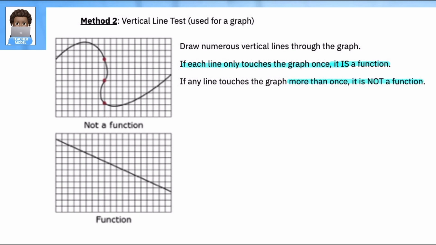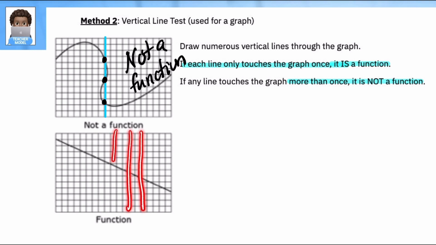So, the first one is really easy to spot. Here's a straight line, and you can see it touches in 3 different places. It touches here, here, and here. So, not a function. But on this one on the bottom, I can draw a bunch of straight lines, and it's still only going to touch it once.